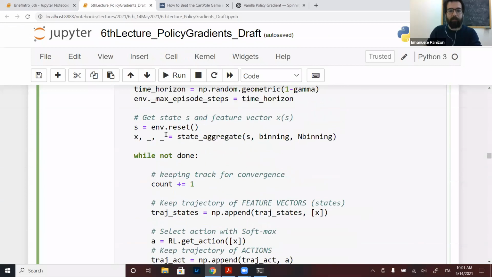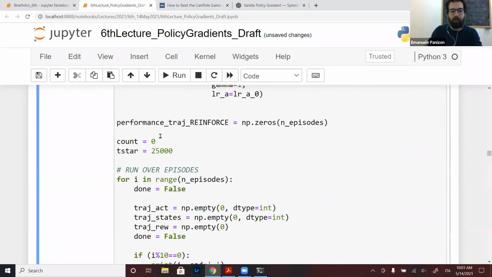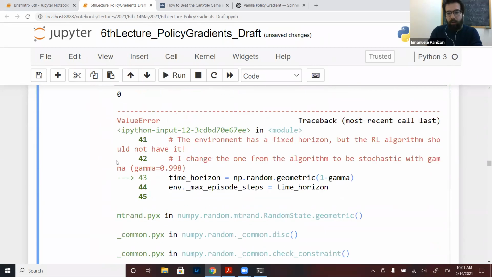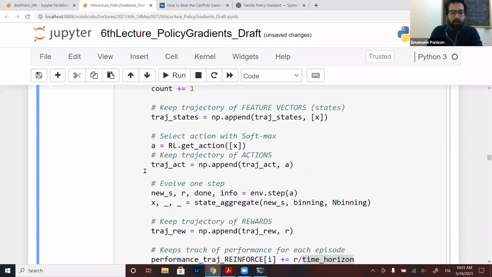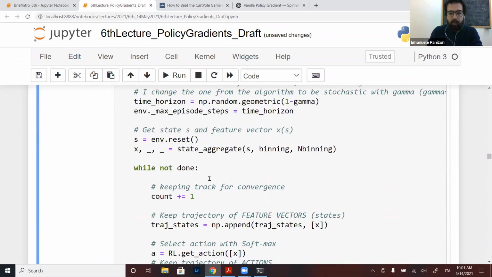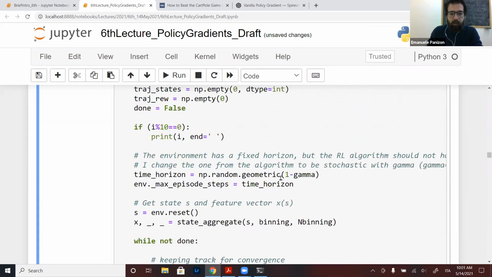Okay, so let's try to run this. Clearly, I forgot to set it, because I put gamma equal. I apologize. Okay, let's say I put this.